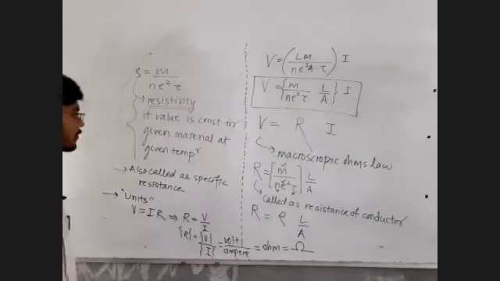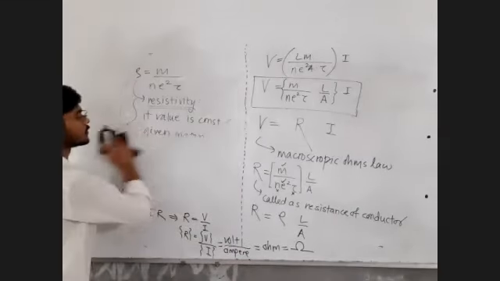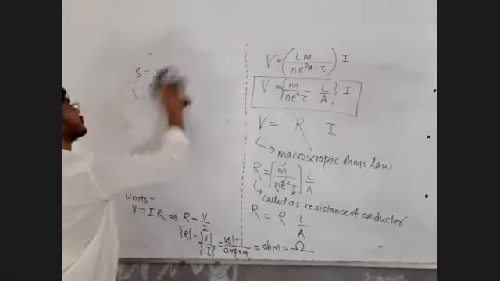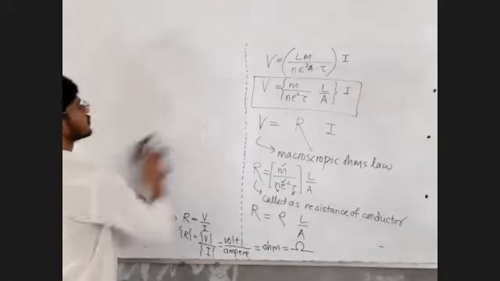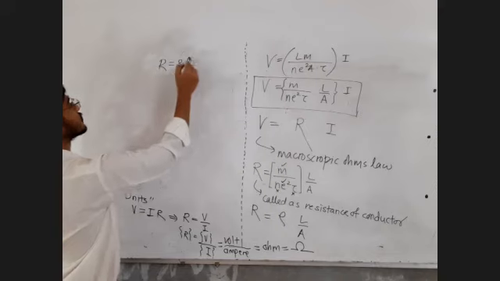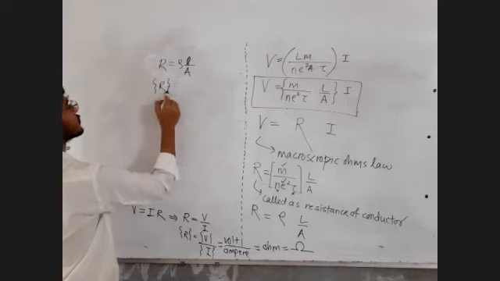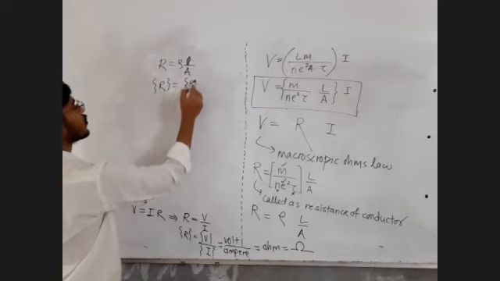Now let's write R is equal to rho L upon A. Taking units on both the sides, unit of rho we want to find out.